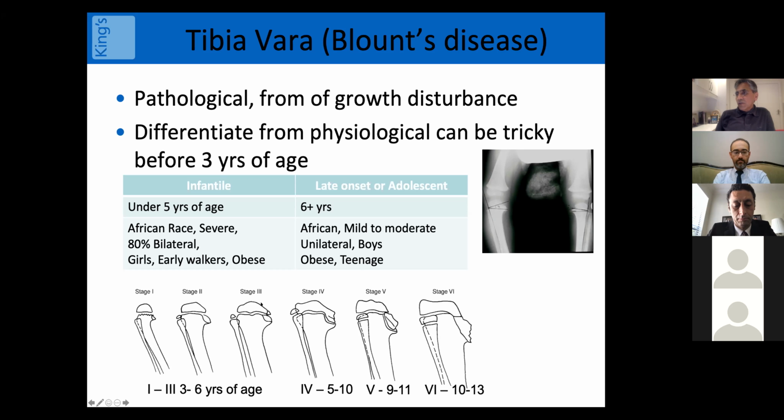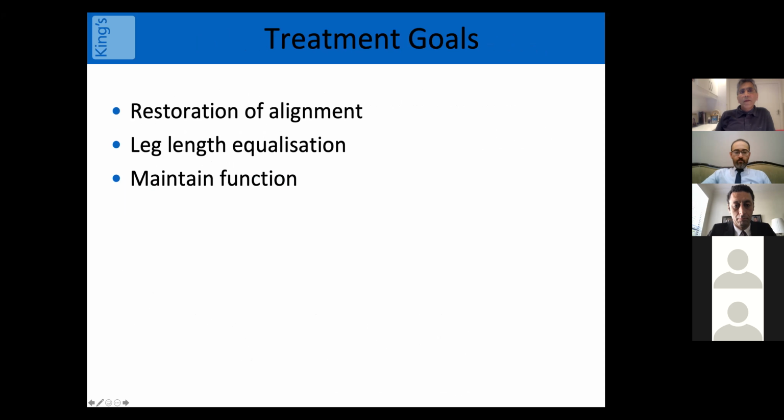Types 1 to 3 are much more reversible, but beyond that, the changes are not reversible. The treatment goal of any angular deformity is restoration of alignment, leg length equalization, and maintaining function. And that applies to every angular deformity.